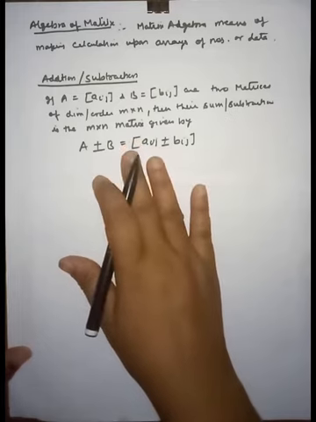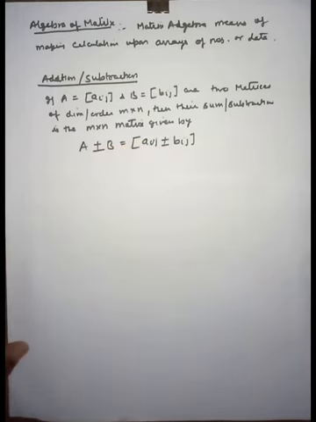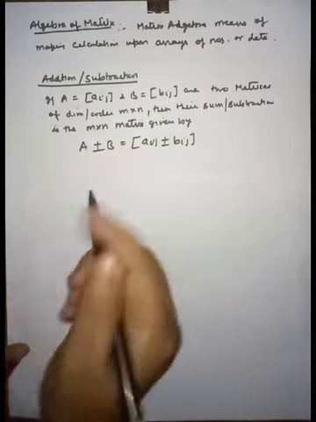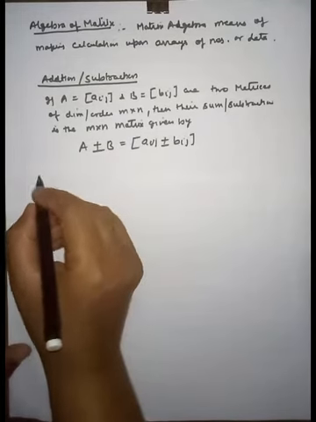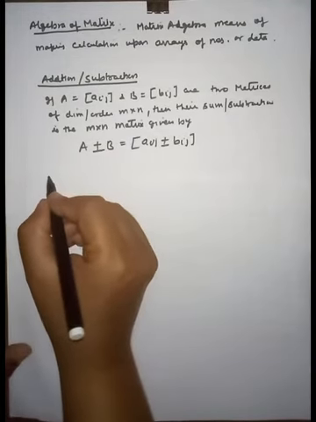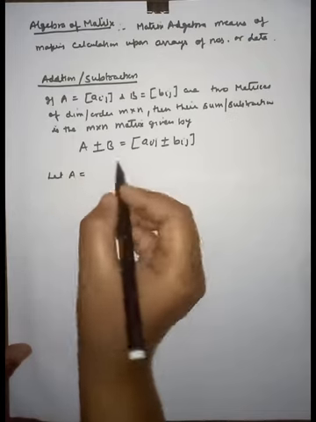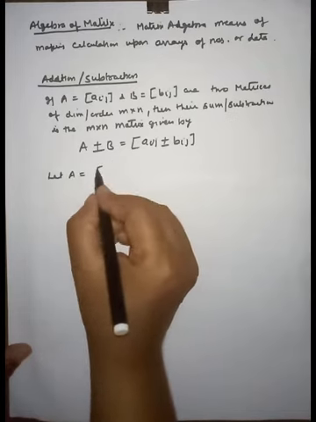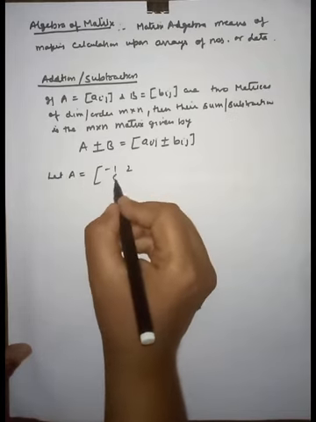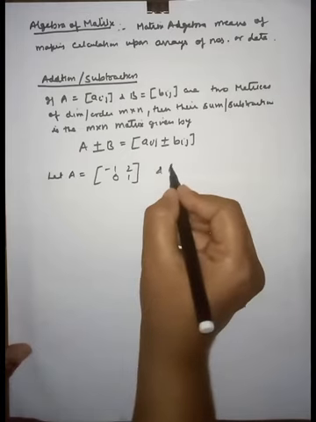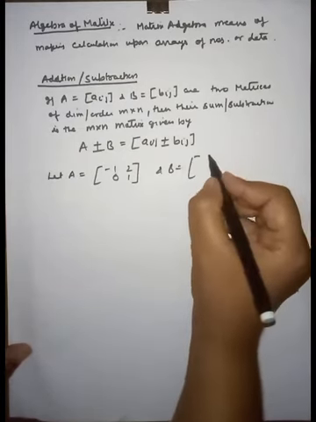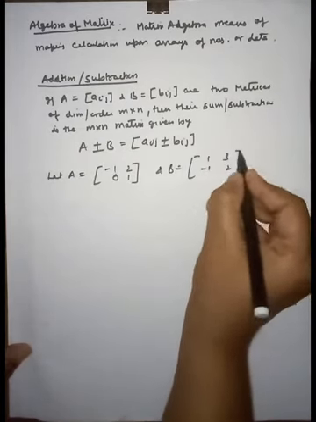For example, let us consider two matrices. Let A equal to -1 2 0 1 and B equal to 1 3 -1 2.